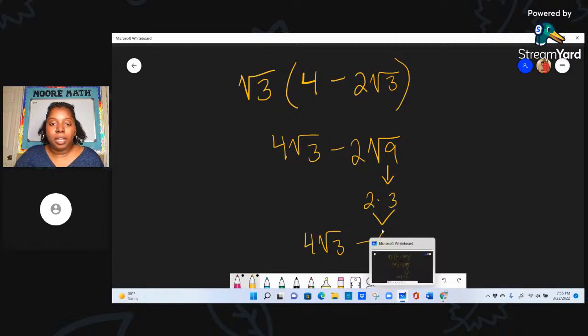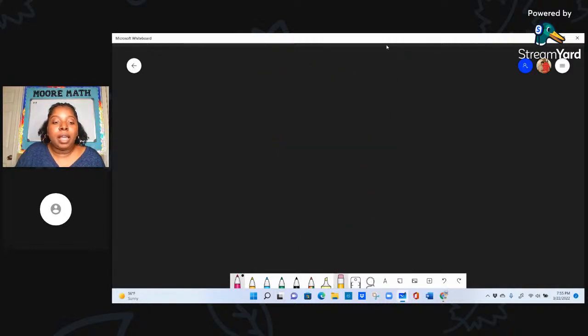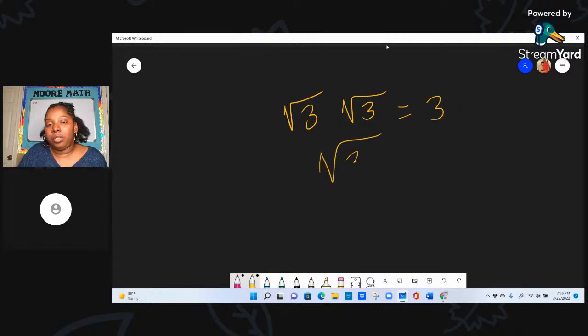And you're good to go. All right. So I want you to see that when you do a square root of a number times itself, you end up with just that number. It's like the square roots cancel each other out. Because you just saw that, right? Square root of 9 is just 3.